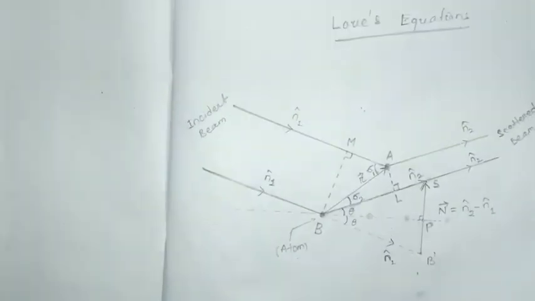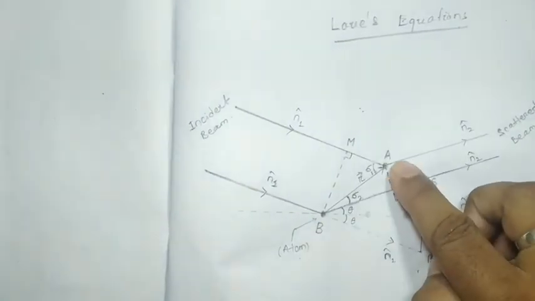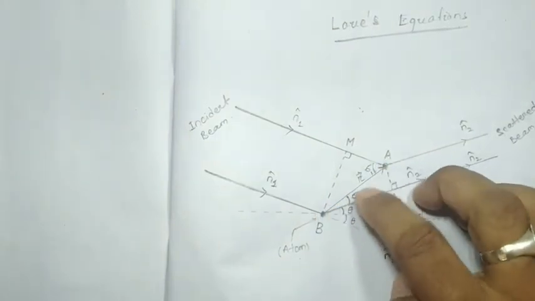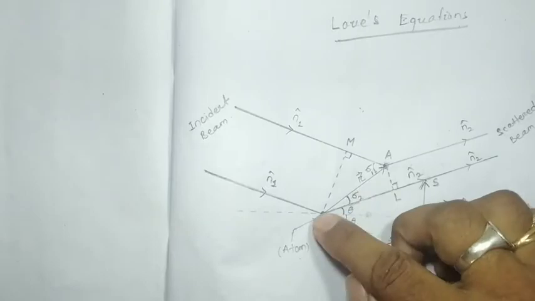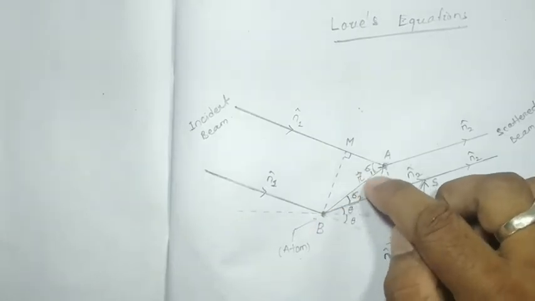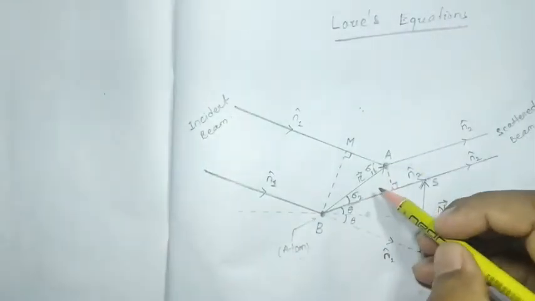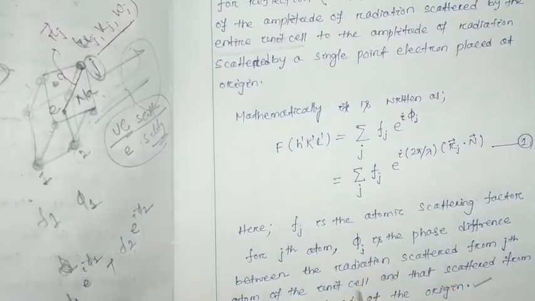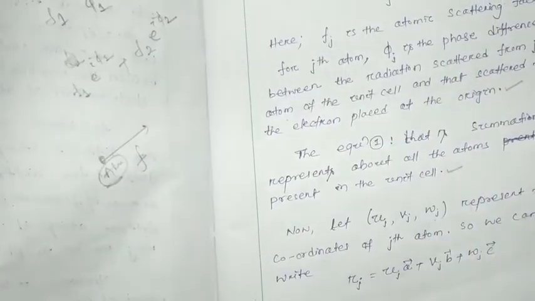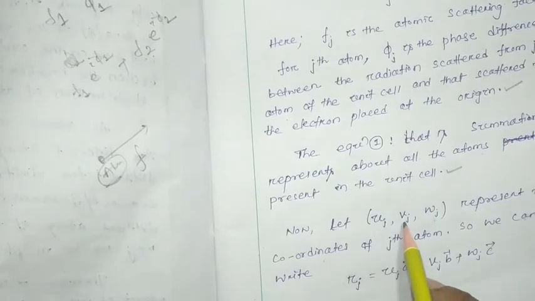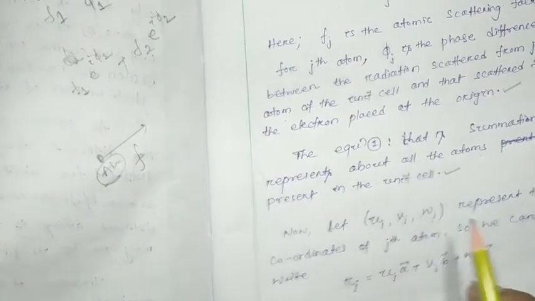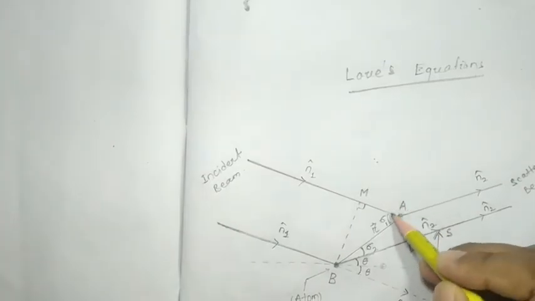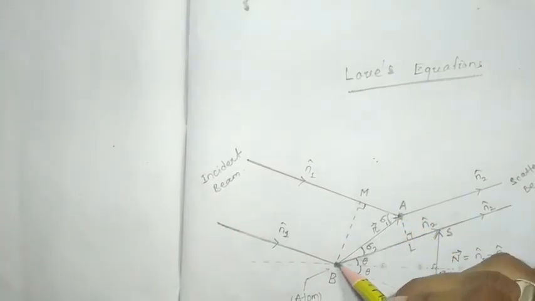Here is one atom, here is another atom, and the distance between B and A is r, represented as the r vector. So in our geometrical structure factor, here we consider uj, vj, wj. Suppose we consider this atom, and this is the electron.